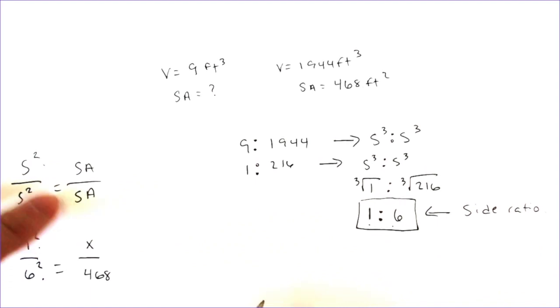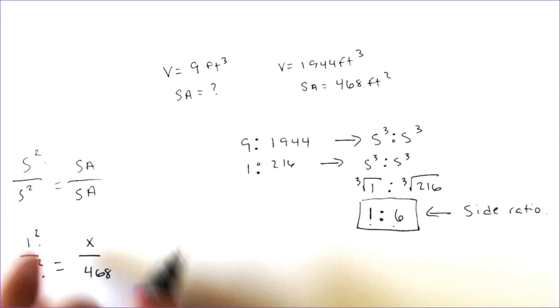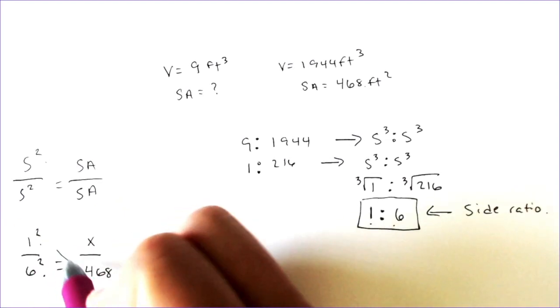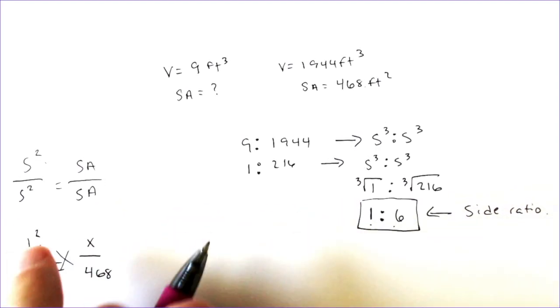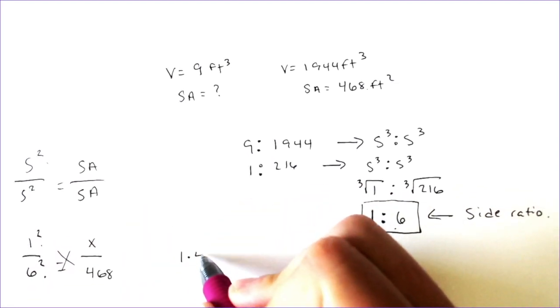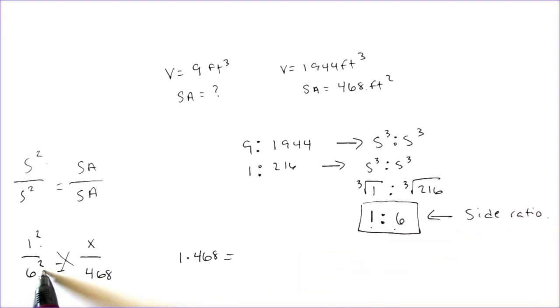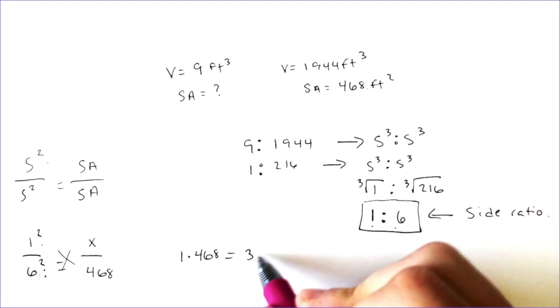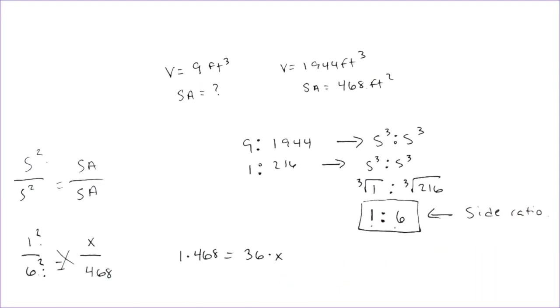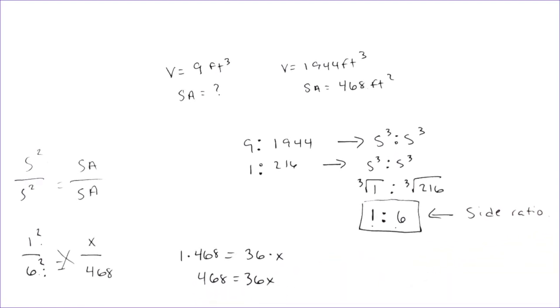So now we have our cross multiplication. We can cross multiply. We get 1 squared, which is 1, times 468, will equal 6 squared, which is 36, times x. 1 times 468 is 468 equals 36x.